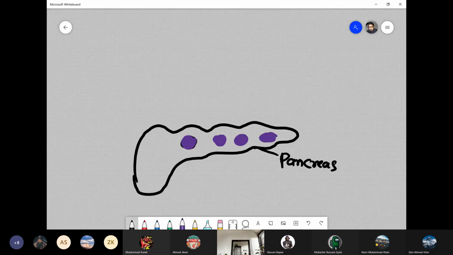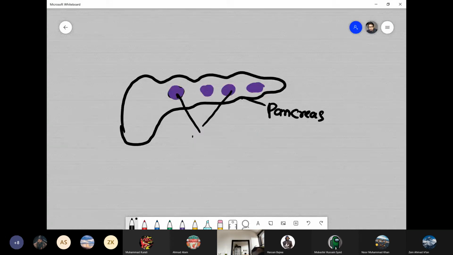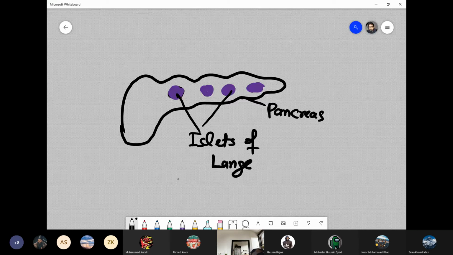These cells are called islets of Langerhans.